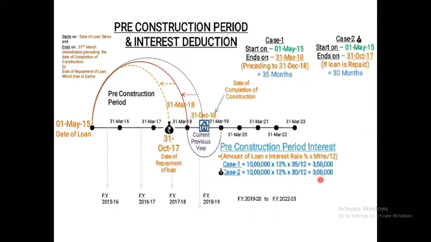So the formula to calculate it is taking the amount of loan, multiplying with the interest rate into the number of months in the pre-construction period, divided by 12 months. This will help us calculate the pre-construction period interest.